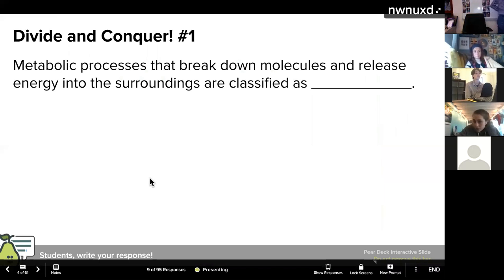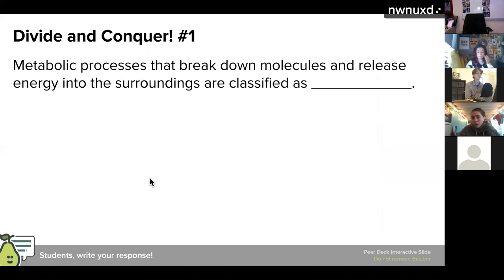So what we want to try to do today is begin to explore how energy moves through a living system. So what I've done is I've created 5 questions. I'll give you control of the slides here in a little bit. For each of these questions, it is either a fill in the blank, circle a word, or draw a picture. Some of this will be review, some of it will be new. So do the best that you can to answer the questions.